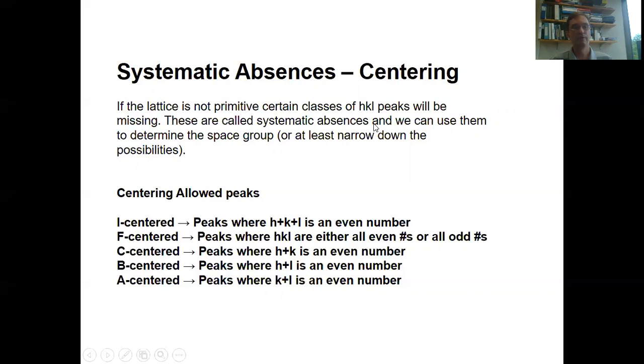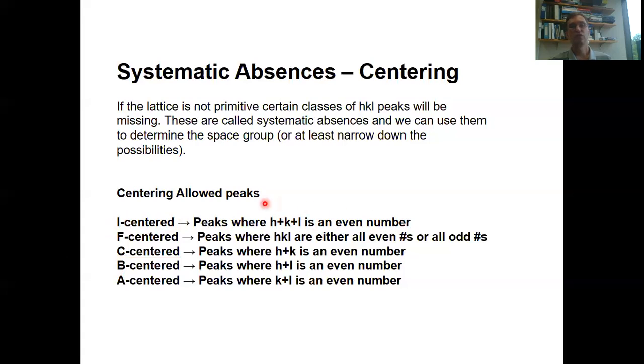We can have I centering, F centering, C centering, B centering, and A centering of a unit cell. Now when an I-centered unit cell is present, you will only observe those peaks where H plus K plus L is an even number.